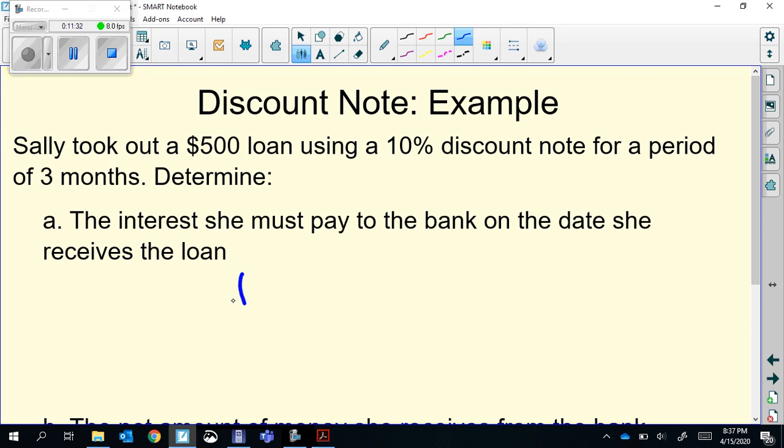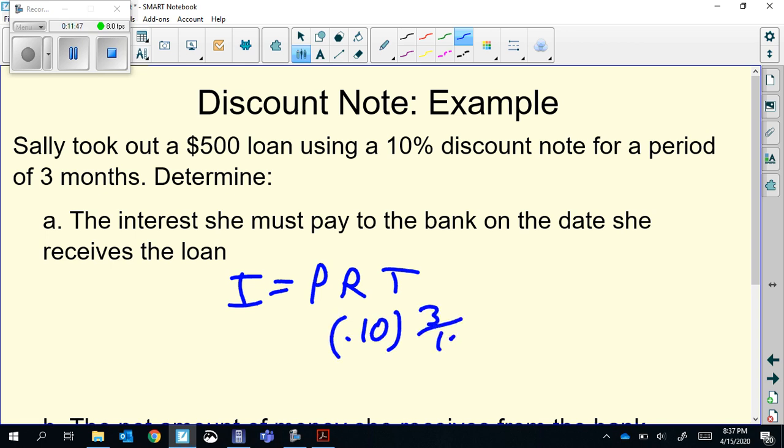So we're taking our simple interest formula, I equals PRT. The I, the interest, is the amount that we're solving for right here. We know the rate is 10%. The time is 3 months, so we'll do 3/12 of a year. And then the principal was $500. So the I in the simple interest formula is what they're talking about for owing this money up front.